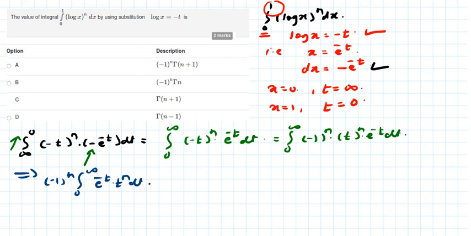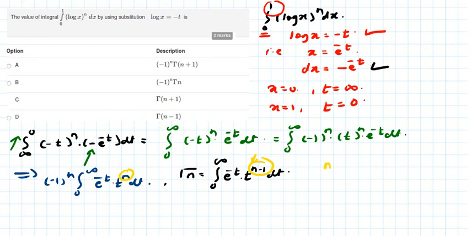Now, by the definition of the gamma function, gamma n equals integration 0 to infinity e raised to minus t into t raised to n minus 1 dt. If we compare, this n minus 1 is our n, so we need to find the value of this n.